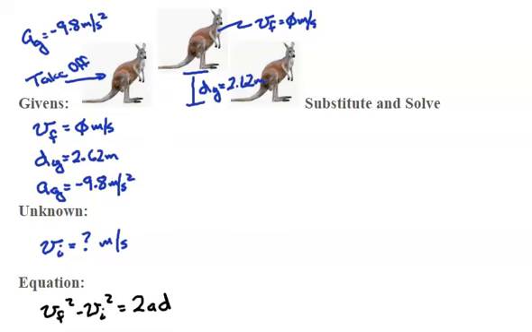Alright, so now let's replace numbers for letters. Our velocity final squared is 0 squared, minus, we don't know what our initial velocity is, minus velocity initial squared.